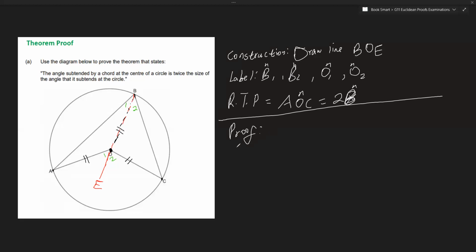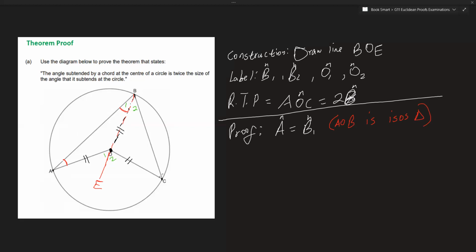So we're going to prove it by finding this angle and that one. I'm going to say angle A equals angle B1. Why? Because I have an isosceles triangle here. So this angle here must be the same as that one, because of the isosceles triangle. So you're going to say AOB is an isosceles triangle.